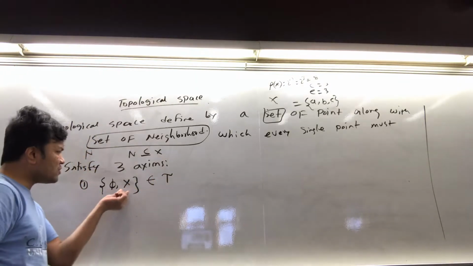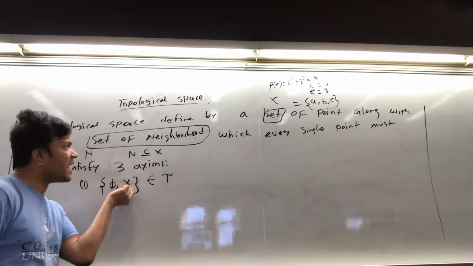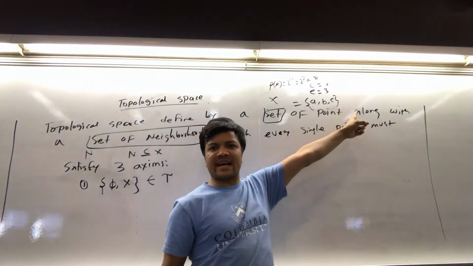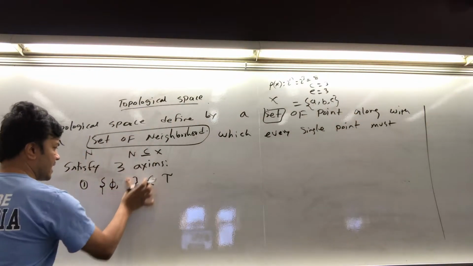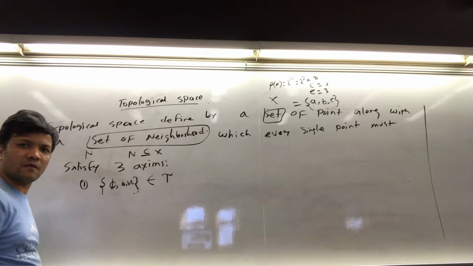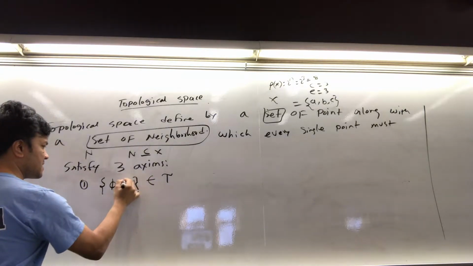When we write X, we can replace X by all the points, all the elements in X. So instead of X, I can write A, B, C. So X must be in the tau.